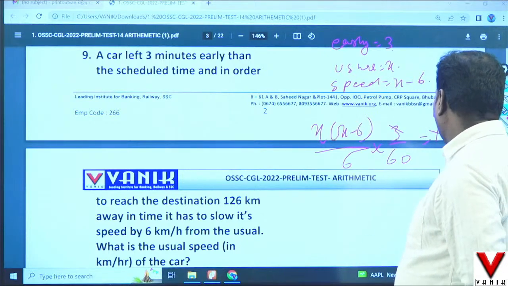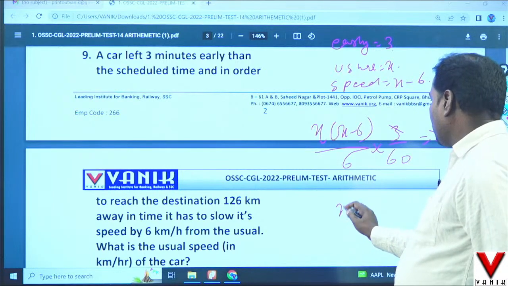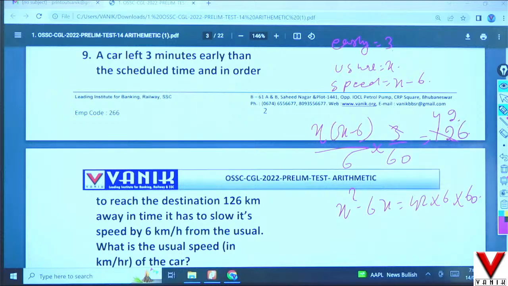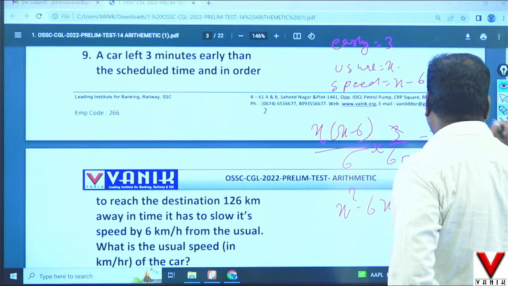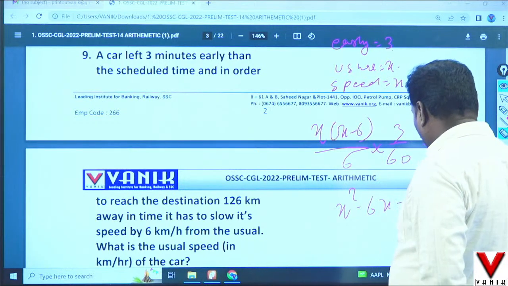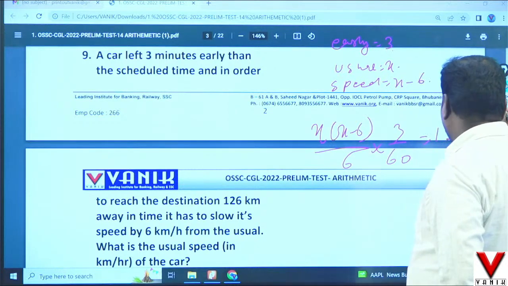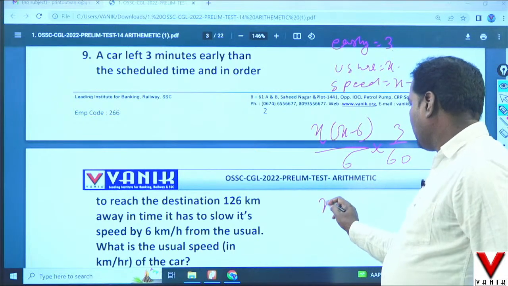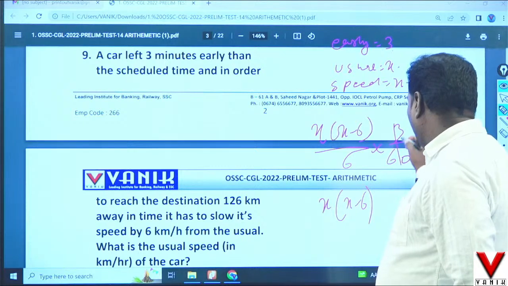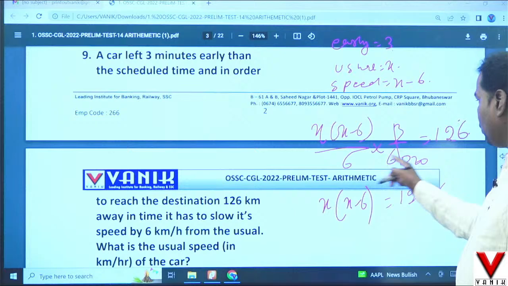That is x square minus 6x is equal to 42 into 6 into 60. x into (x minus 6), 3 by 60 means 1 by 20, is equal to 126 into 6, which is 120.